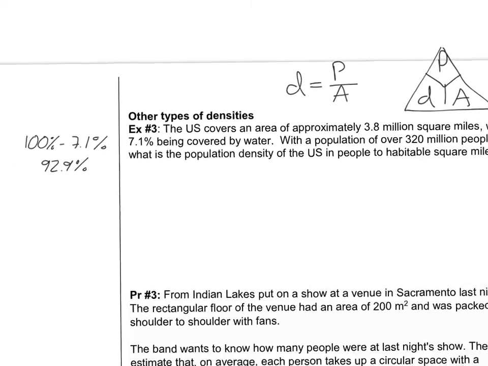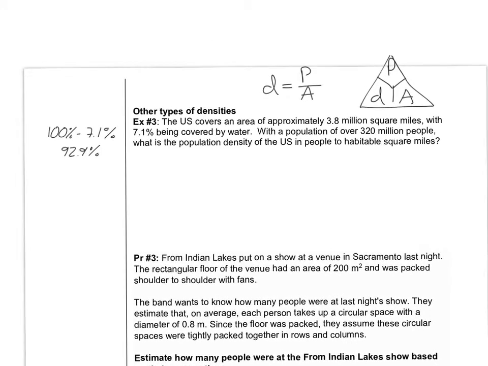So it's not that we're dealing with 3.8 million square miles of land. We're dealing with 92.9% of that. So we need to multiply this 3.8 times 92.9. Or actually, we'll convert it to a decimal, so it's 0.929 times 3.8.